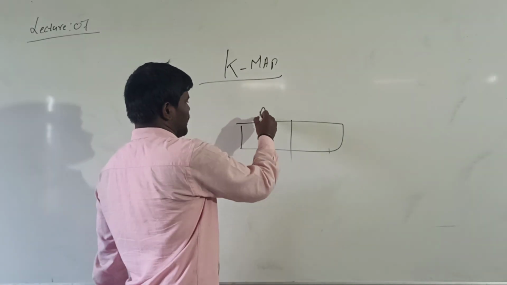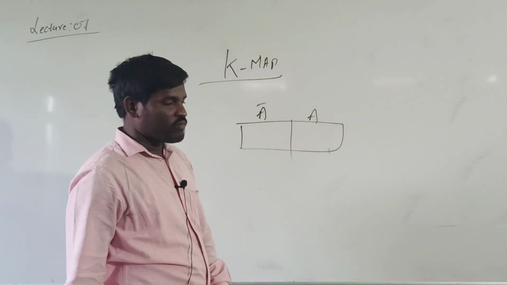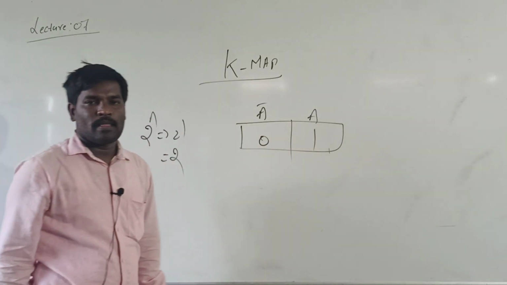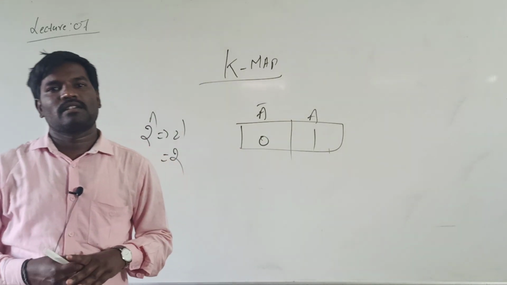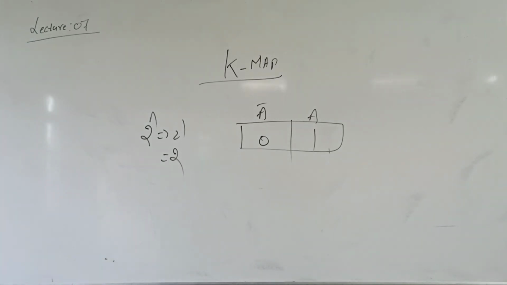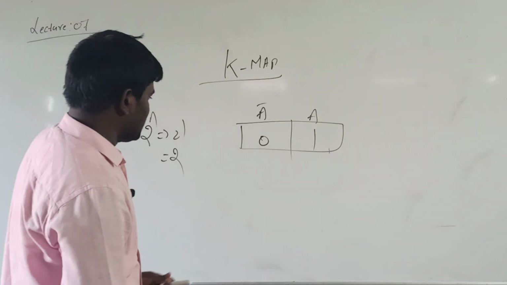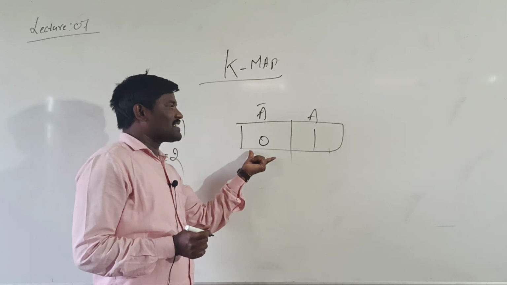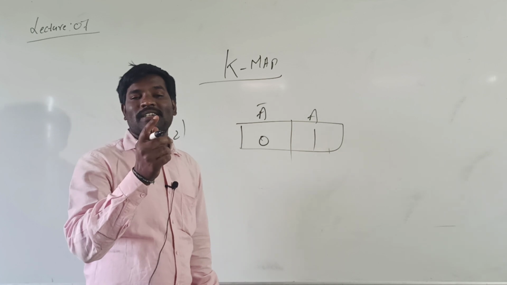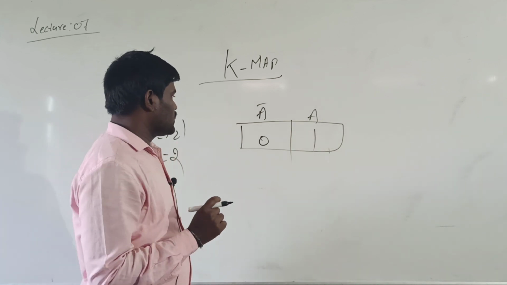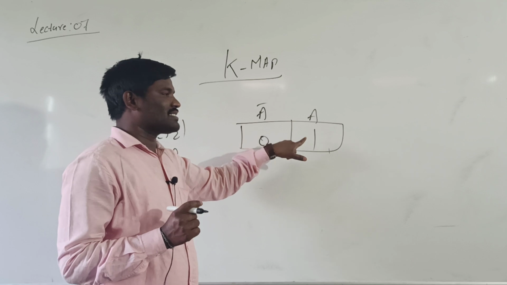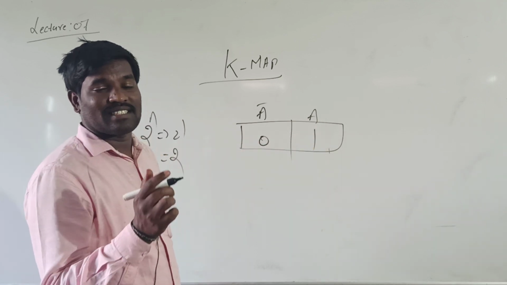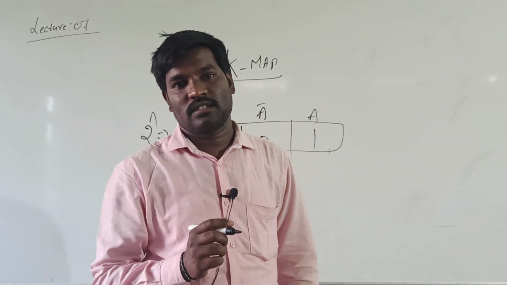One indicates A bar, another indicates A, that is 0, 1. So this is the single variable K-map. Each square box represents one min term or max term value. Here its value is A bar, here its value is A, because it is a single variable K-map.